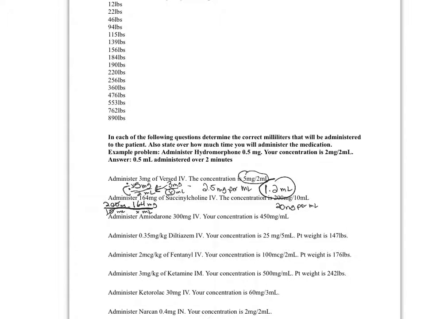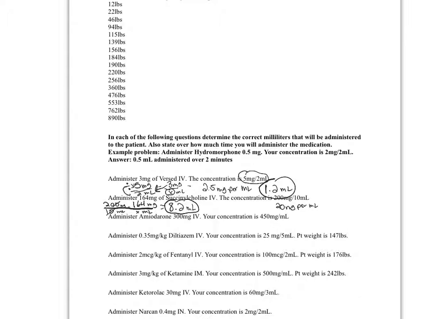So instead of taking 164 times 10 mLs and dividing it by 200, I know that 164 times 1 is 164, so I'm just taking 164 divided by 20. 164 divided by 20 is going to give me 8.2 mLs. And thinking about how I have 20 milligrams per mL, that math in my head would make sense, and I'm giving 8.2 mLs. So let's do one more, and then we're going to switch to some longer division.